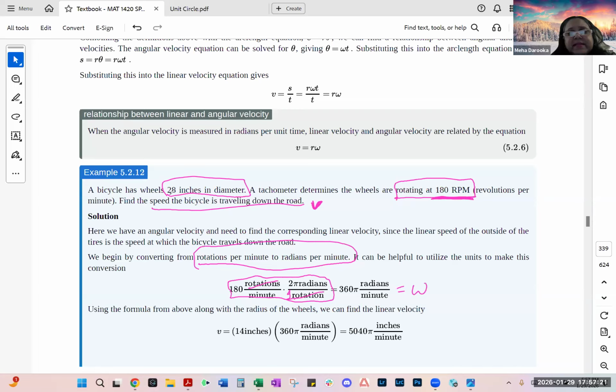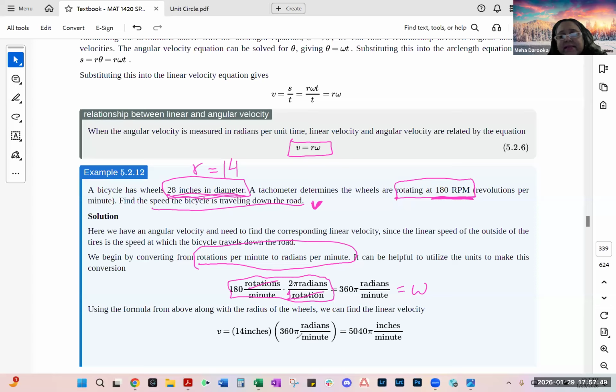They're telling us the wheel is 28 inches in diameter, so half of that is the radius. So your radius is going to be 14 inches. Then we use the relationship formula between linear and angular velocity. So you get 14 inches multiplied by 360 pi radians per minute.